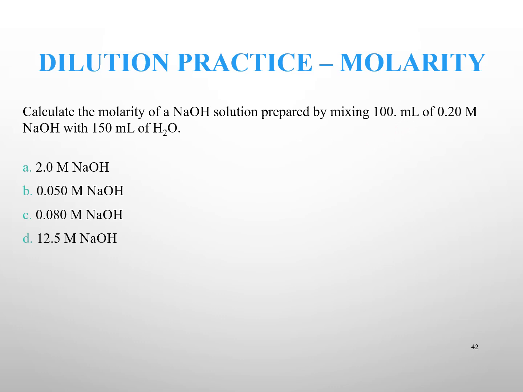So that's my V2: my volume 2 is going to be 250 mL. My molarity 2 is what we're looking for because we don't know it. But I do know my molarity 1 is 0.2, and my volume 1 originally is 100 mL. So all we do is use M1V1 equals M2V2.